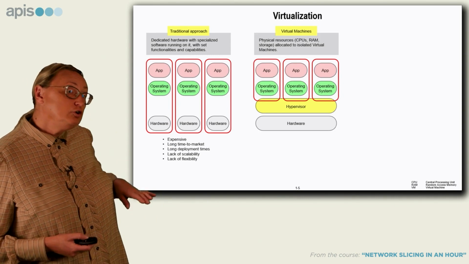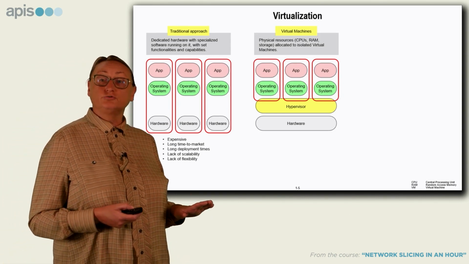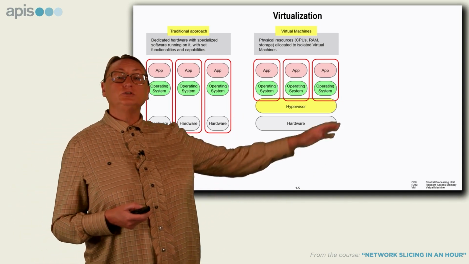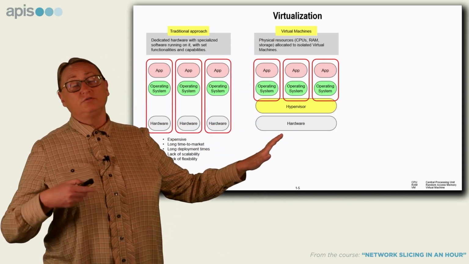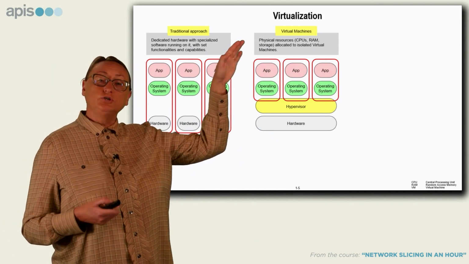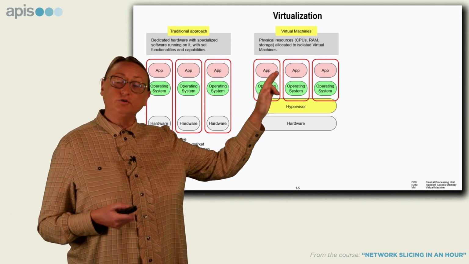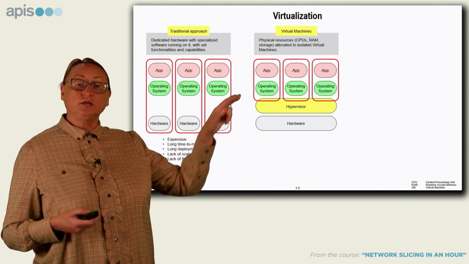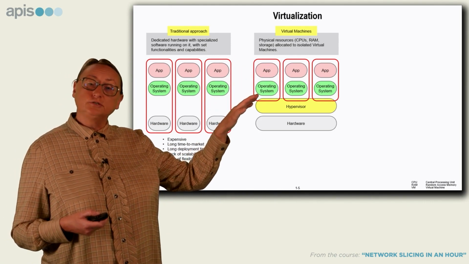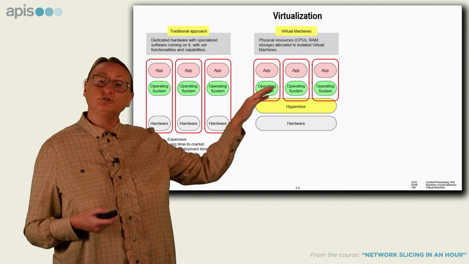So in order to save, and as we said, economizing is what the operators really need to do nowadays, we started with the idea of sharing the hardware resources, and the first really big one was using virtual machines. This application over here represents a virtual machine, which means a certain functionality. It has its own operating system. You can see this red shape over here, that's one virtual machine.